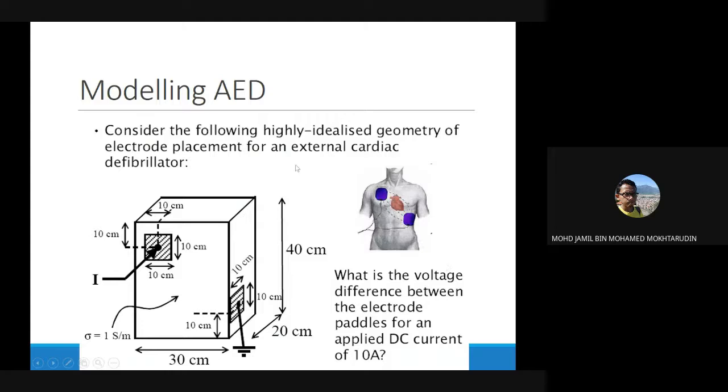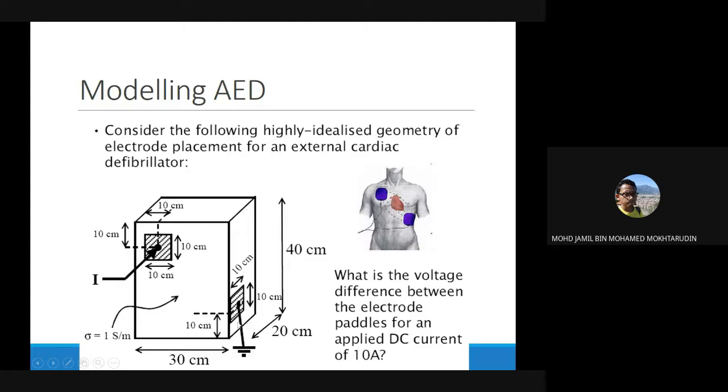To model an AED, maybe we can look at a simple case study. Consider the following very idealized geometry of electrode placement for an AED. We can assume our body or abdomen as a cuboid, a box.